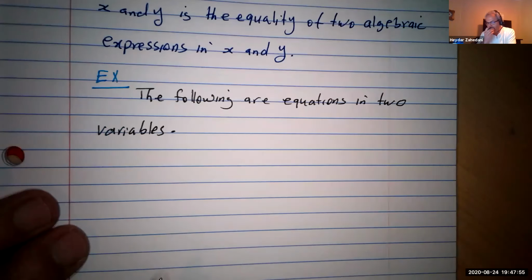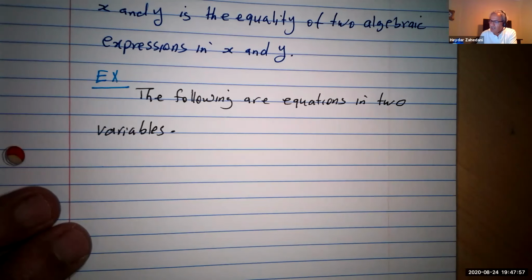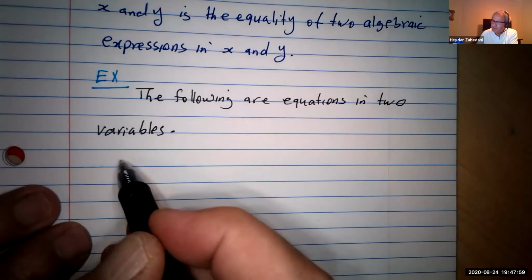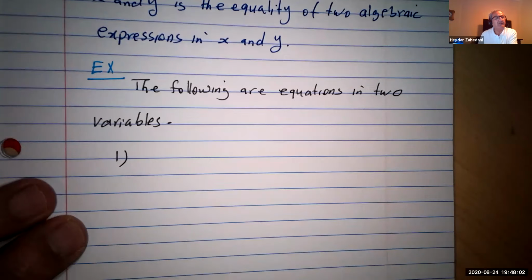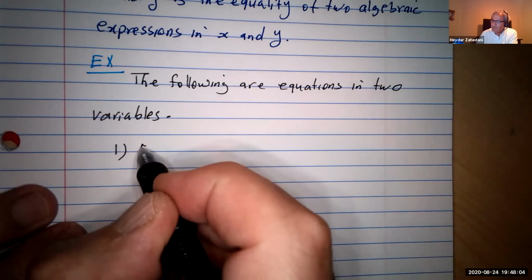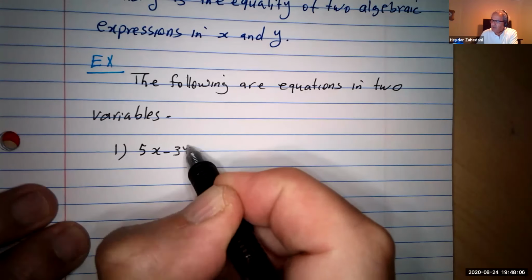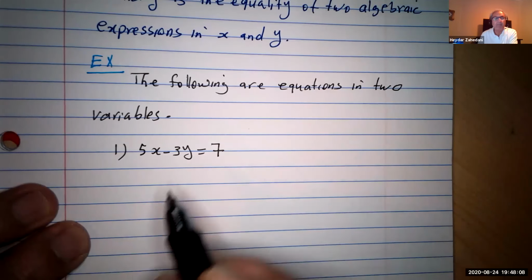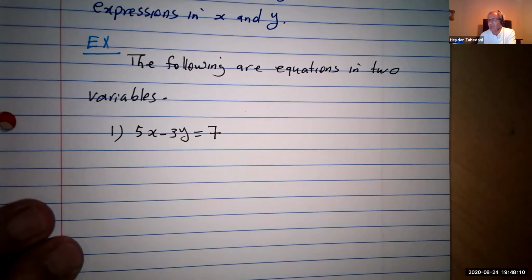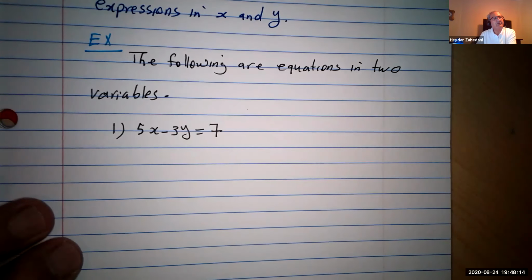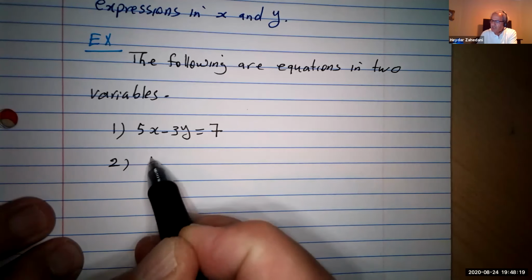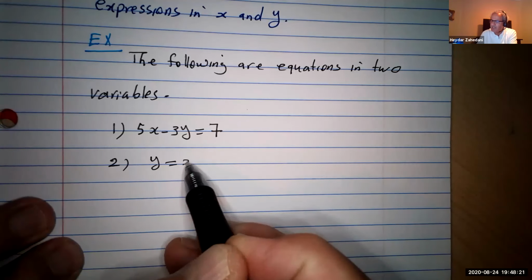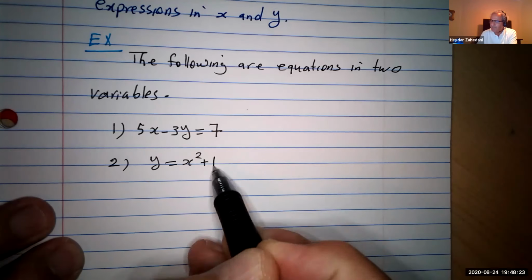They are just algebraic expressions in x and y. The first one, for example, is 5x minus 3y equal to 7. This is an equation in 2 variables. The second one is y equal to x squared plus 1.